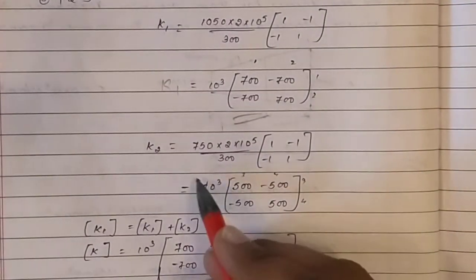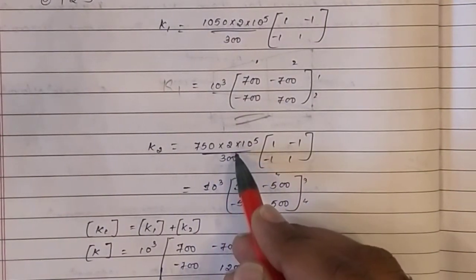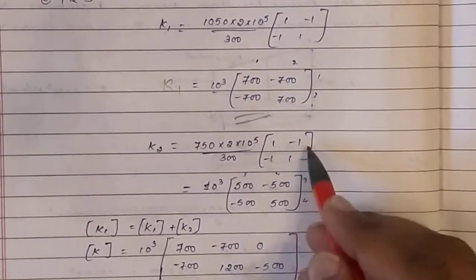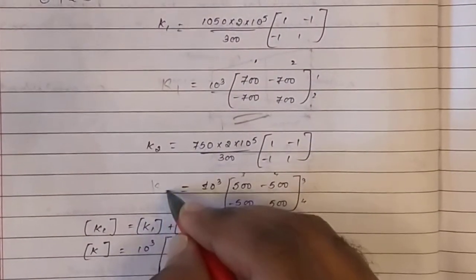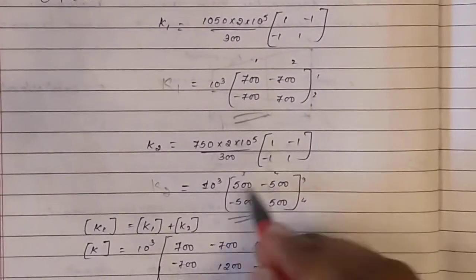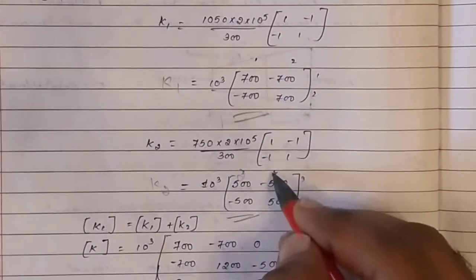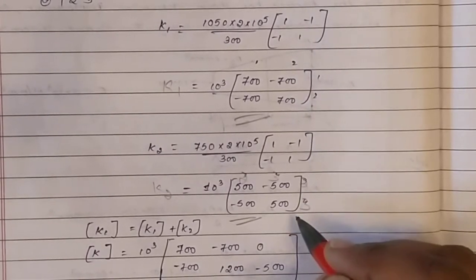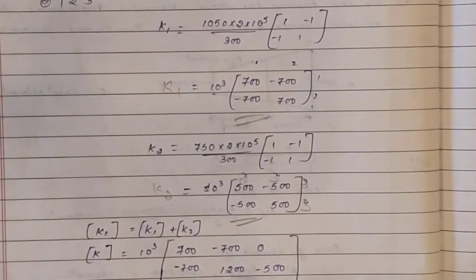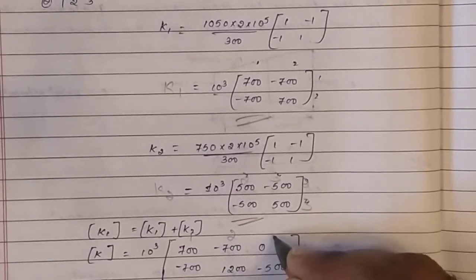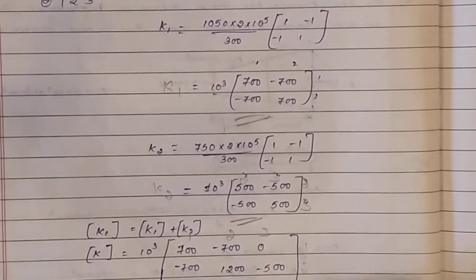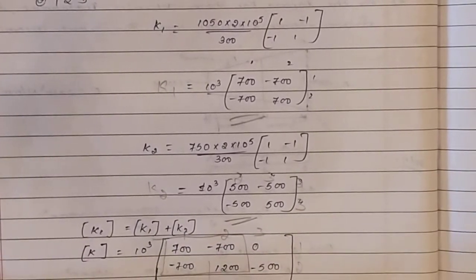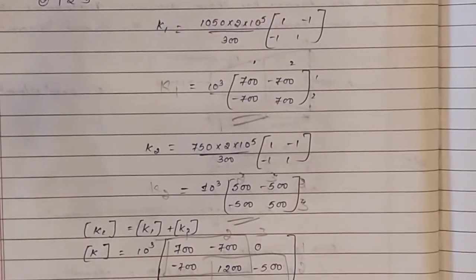Similarly, K2 is A2 E2 by L2, which is 750 into 2 into 10 power 5 by 300, times [1 -1; -1 1], take 10 power 3 common and multiply everything inside, for nodes 2, 3. So this is the first element and this is the second element.